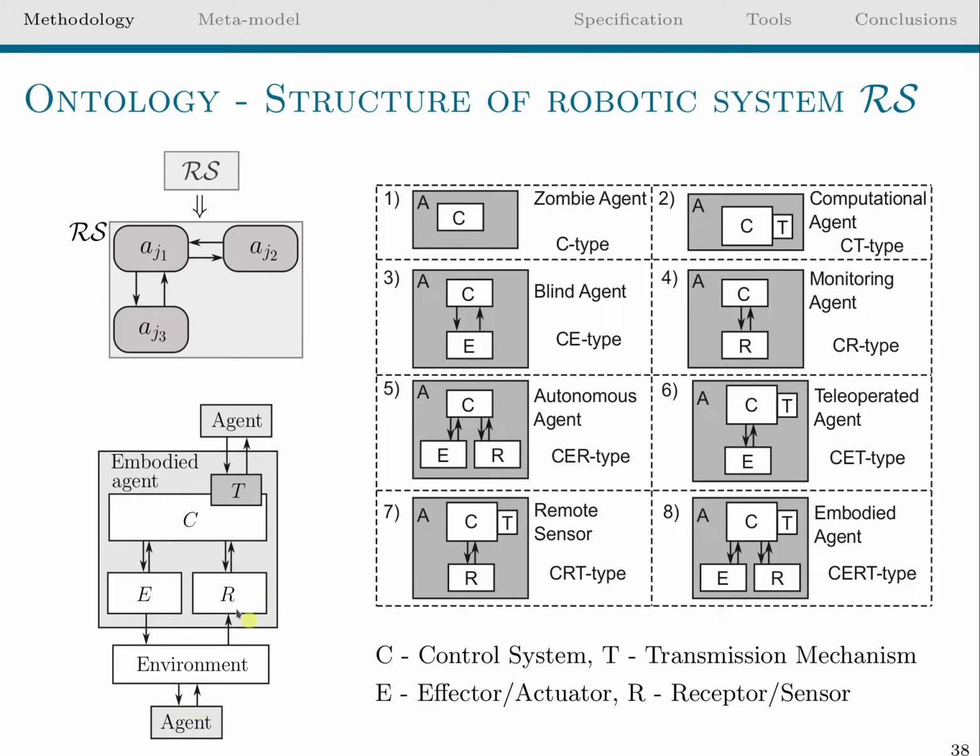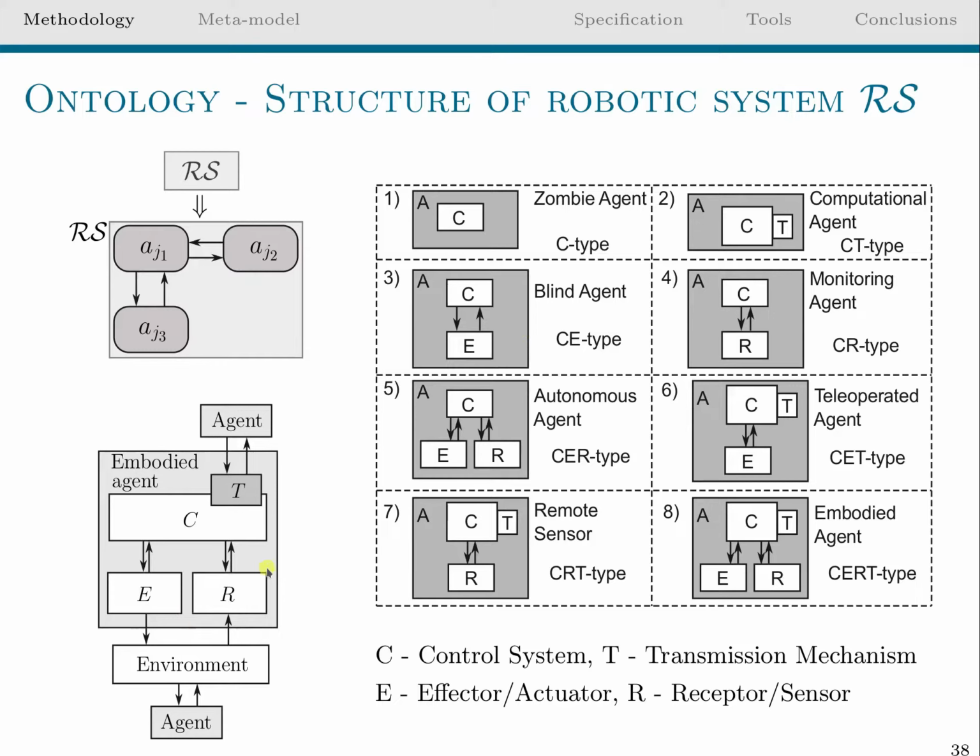One agent perceives the environment with receptors, and based on the data from receptors, it provides commands to effectors to change the state of the environment. The control system is responsible for making decisions based on its current state, the inputs from other agents, and the inputs from the receptors.